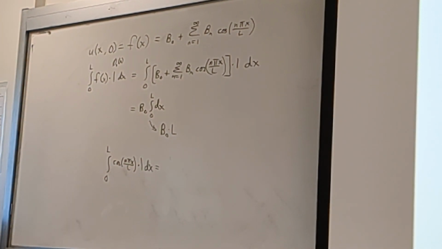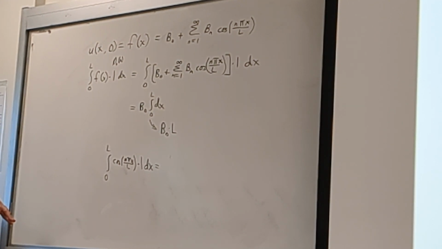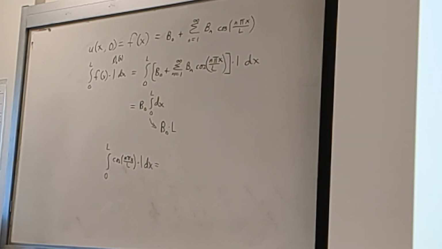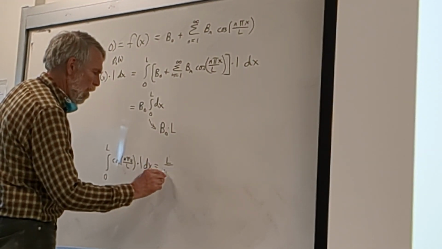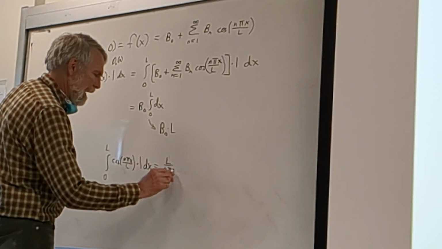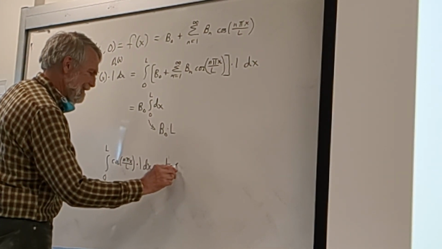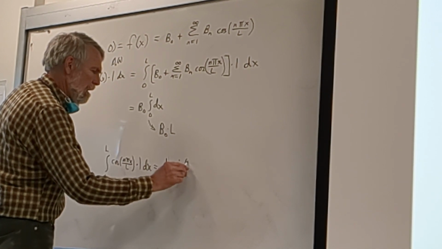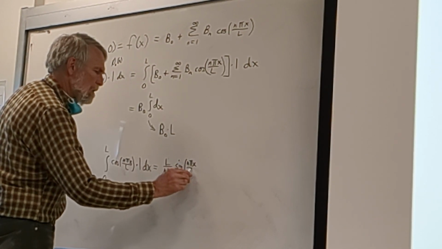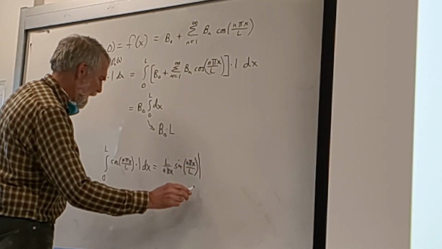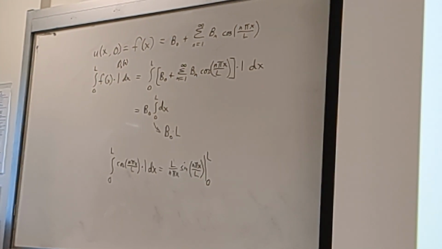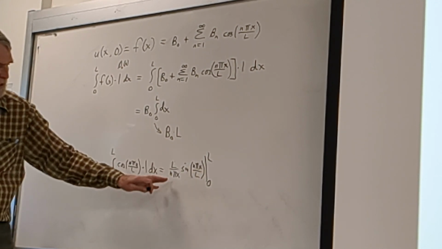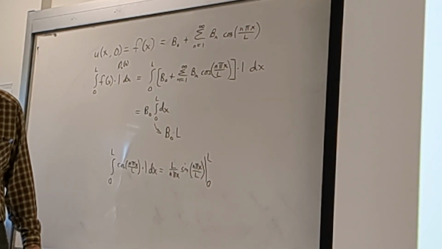Integrating cosine, we get L over n pi times sine of n pi x over L, evaluated between 0 and L. Upon differentiation, those cancel out and we get the cosine.